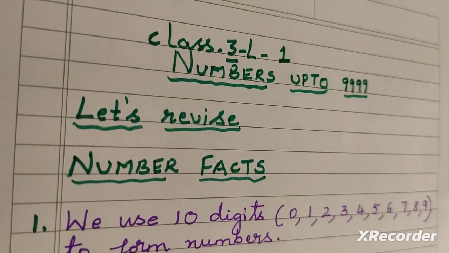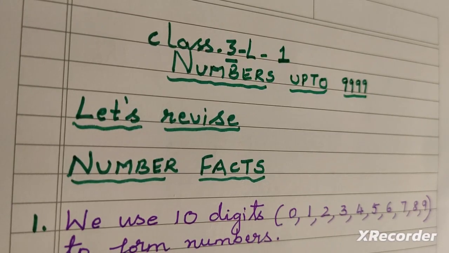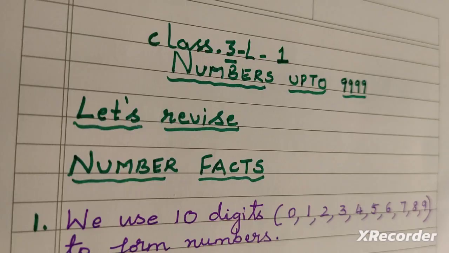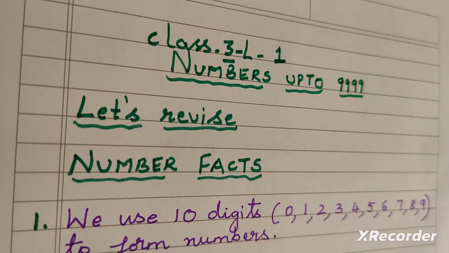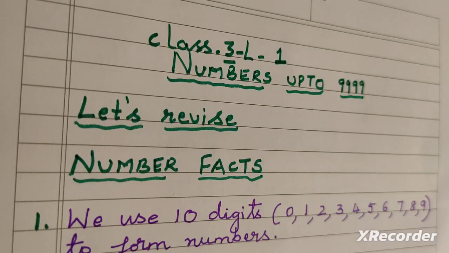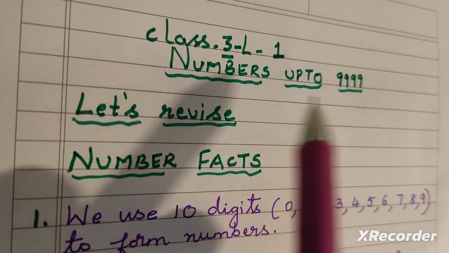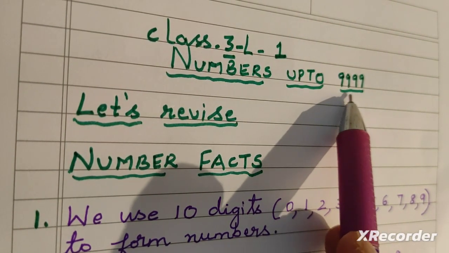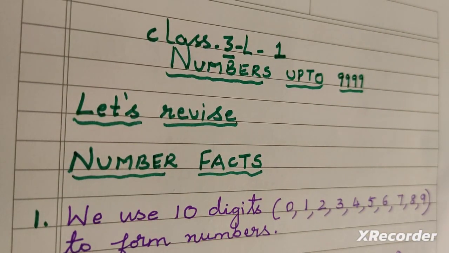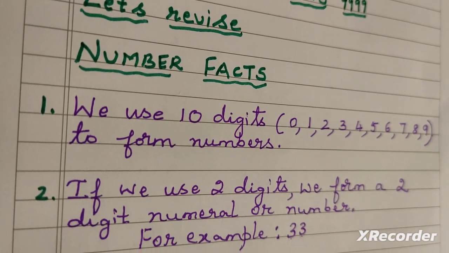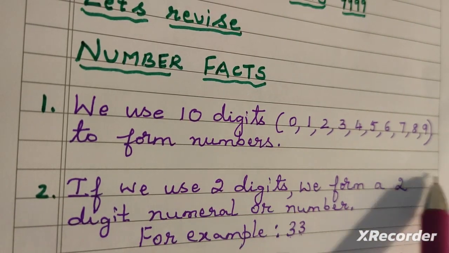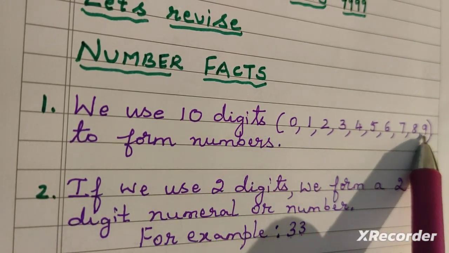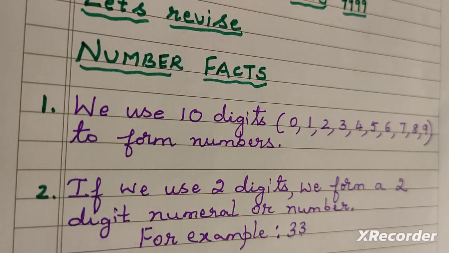We have started with the chapter numbers up to 9,999, that is 4-digit numbers. In second standard you came across 2 and 3-digit numbers. So in class 3 you will be learning about 4-digit numbers also. We use 10 digits, starting from 0 to 9, to form numbers.